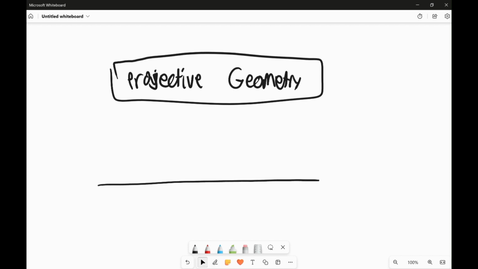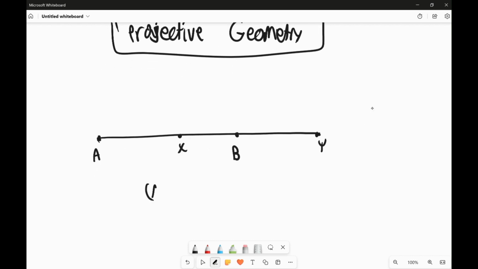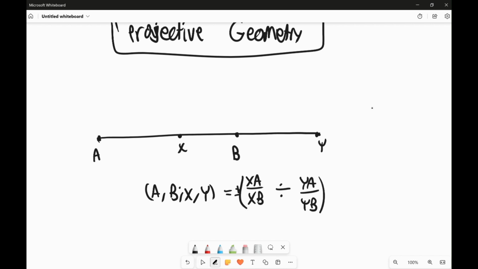Well, the basis of it lies on this fact and definition. You have some points A, B, X, and Y on the line. Then we define this new thing, (A, B; X, Y). We define it as XA over XB divided by YA over YB, and it's plus or minus this entire thing.